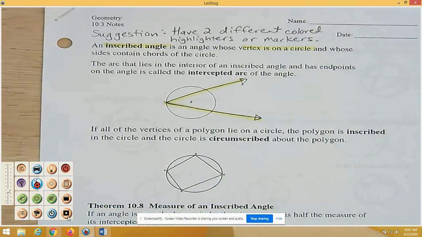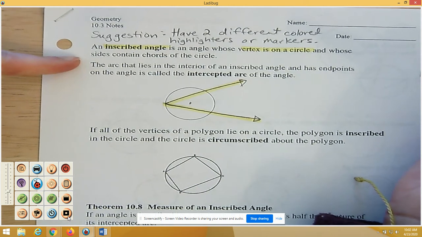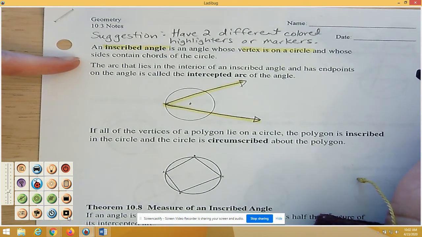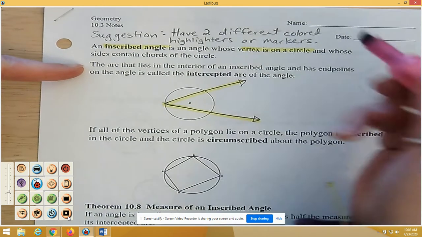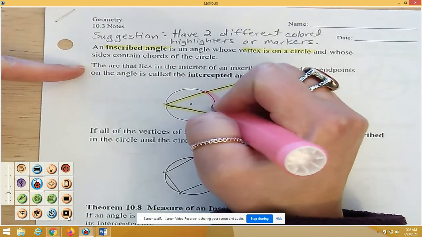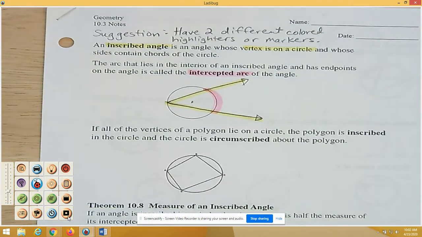All right, so that's going to be my yellow highlighter. It might be a little tricky to see. The arc that lies in the interior of an inscribed angle and has its endpoints on the angle is called the intercepted arc of the angle. So this is the intercepted arc. So that's what they're looking at. Okay, and we're going to be looking at the degrees of both.